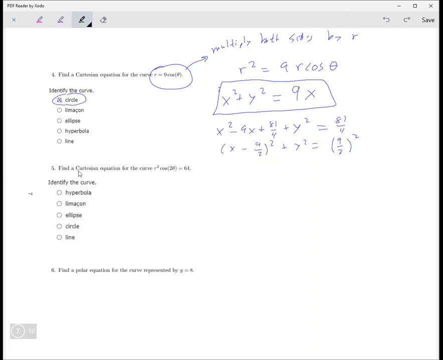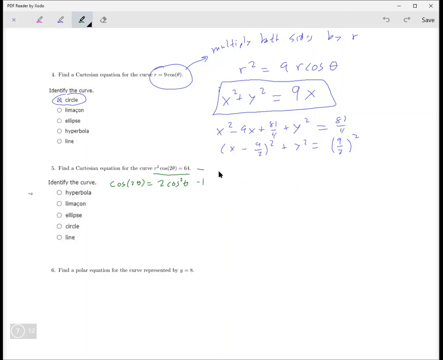Okay, let's look at number 5. Here we have r squared cosine 2 theta equals 64. The cosine 2 theta is not very nice, but there's a trigonometric identity that says cosine 2 theta is equal to 2 cosine squared theta minus 1.